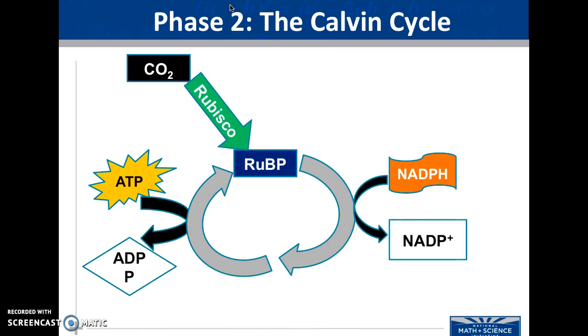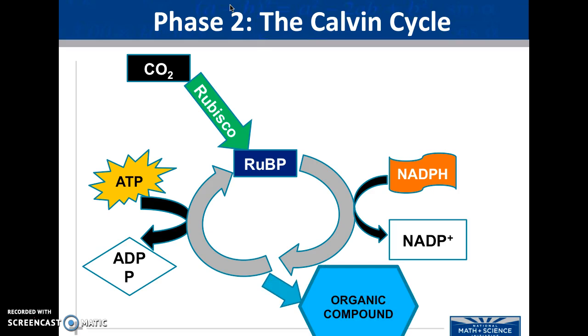So if we look, carbon dioxide loses its carbons to RuBP, using Rubisco, which is an enzyme. So RuBP is my 3 molecules of 6 carbons. My NADPH is going to break those into my 6 3-carbon molecules.